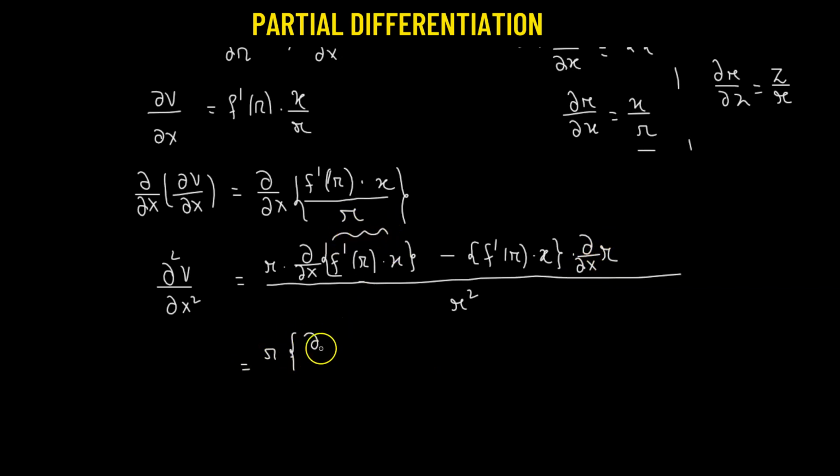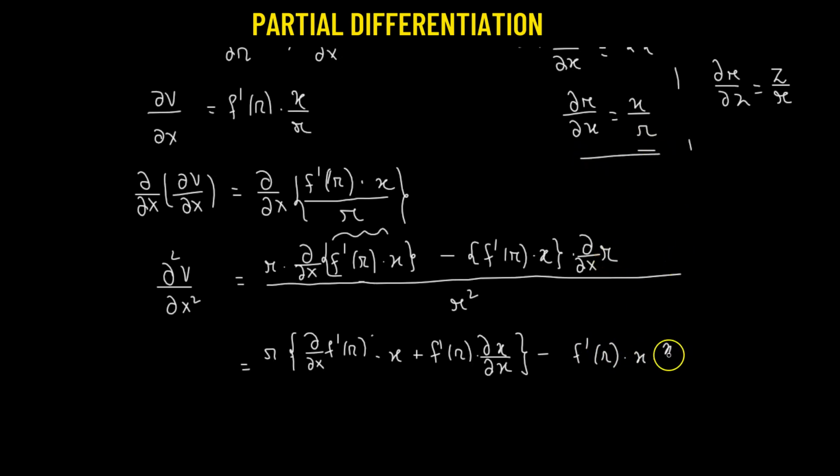We'll have partial with respect to x of f prime of r, a whole multiplied by x, plus f prime of r times partial of x with respect to x, minus f prime r times x multiplied by partial of r with respect to x, which we can replace with x over r. So this whole thing is divided by r squared.